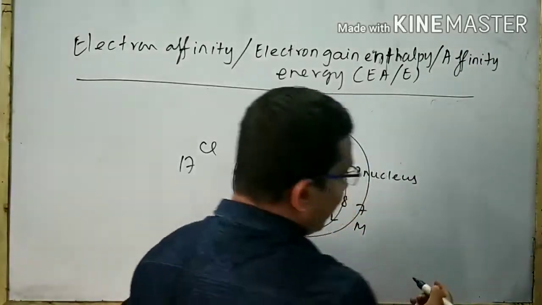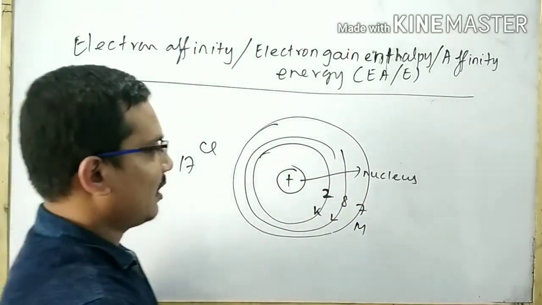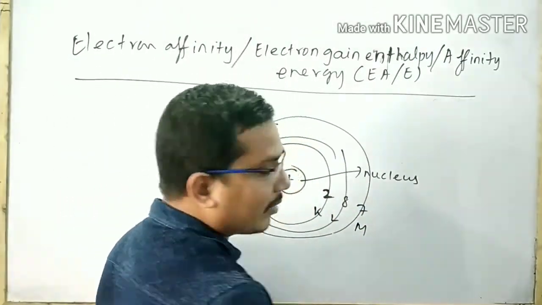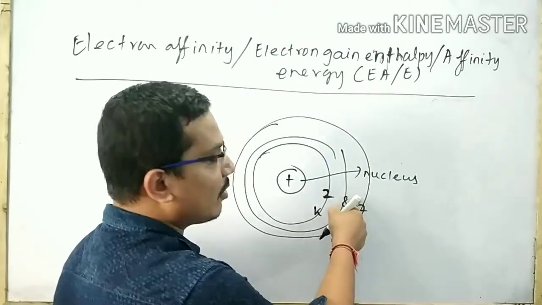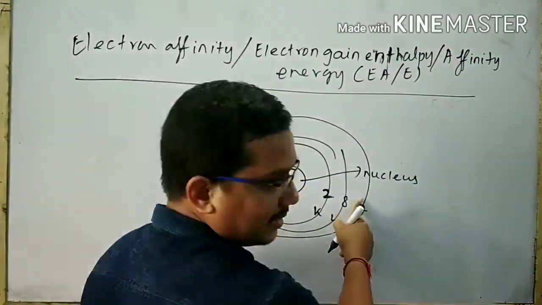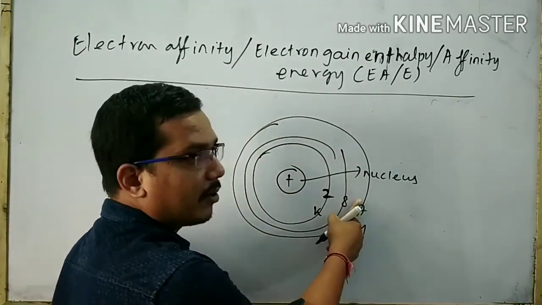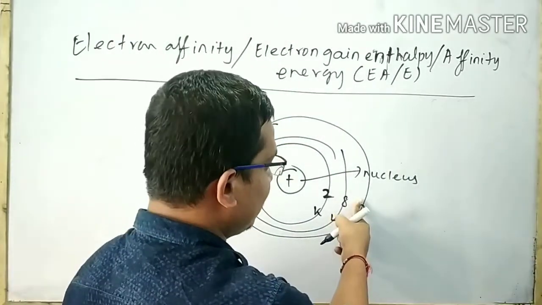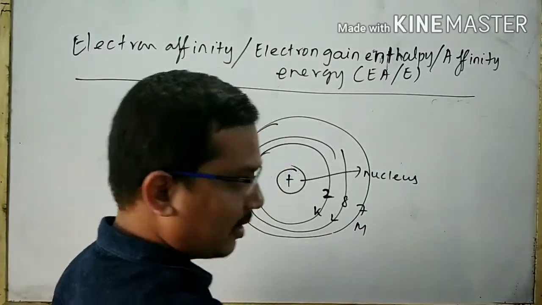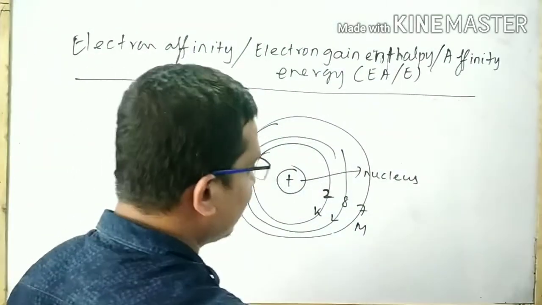If I think about ionization energy, it is the amount of energy required to remove an electron from the valency cell of an isolated gaseous atom to form a unipositive charge. But electron affinity is the reverse of ionization energy.